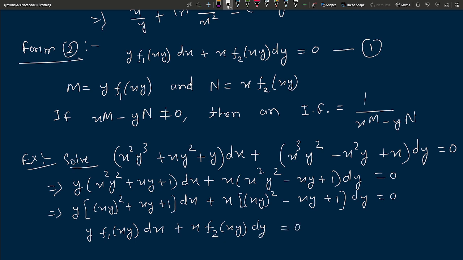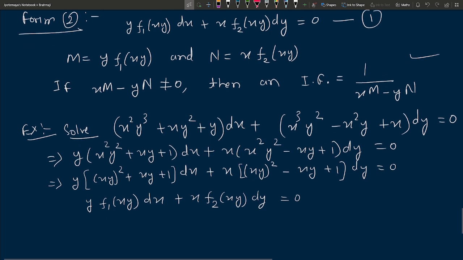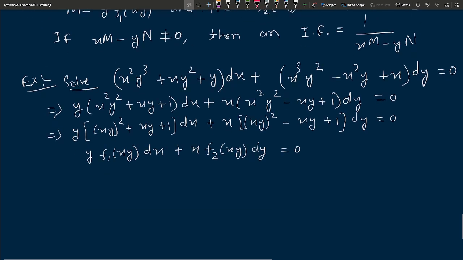Such types of questions come under form 2. And if you see this type of form, you will verify whether xM minus yN is non-zero or not. Multiply x in M, multiply y in N, then subtract them, and if this is non-zero, then you have your integrating factor 1 by (xM minus yN).